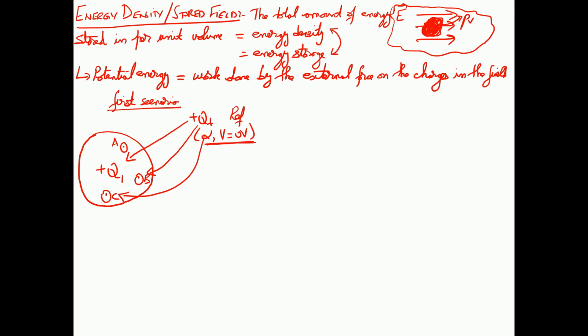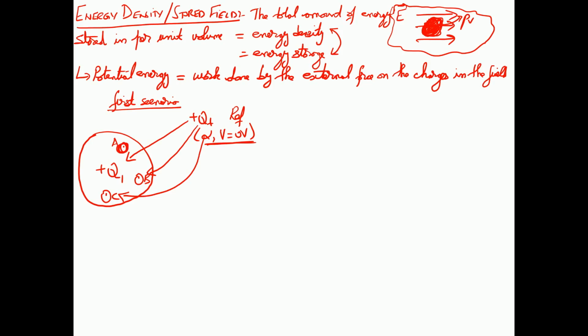Now when this happens, there is an external force doing the work, by bringing this test charge from infinity to any point, let's say point A. The external source has to maintain its energy such that the test charge is halted at point A and doesn't move.